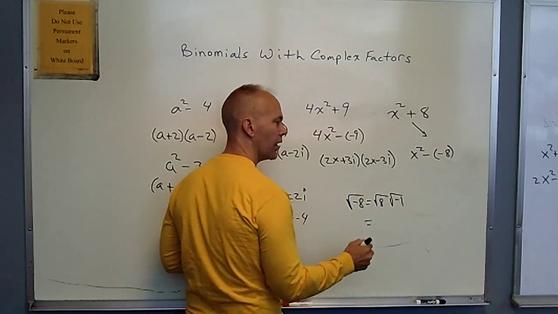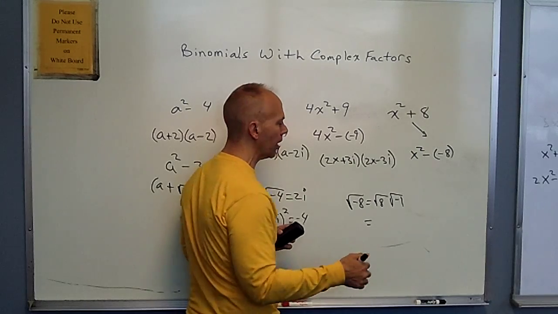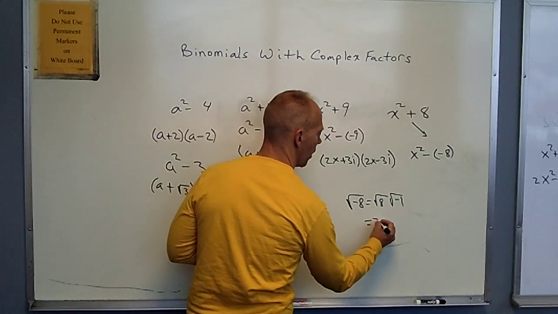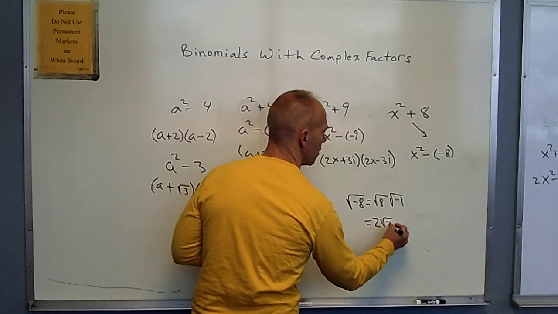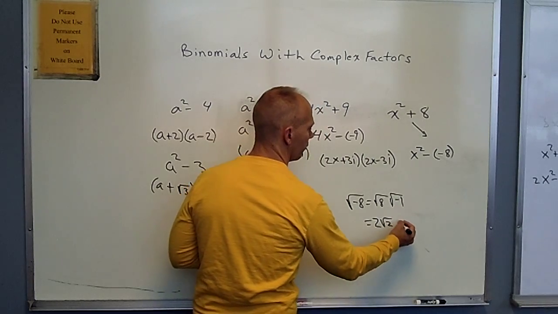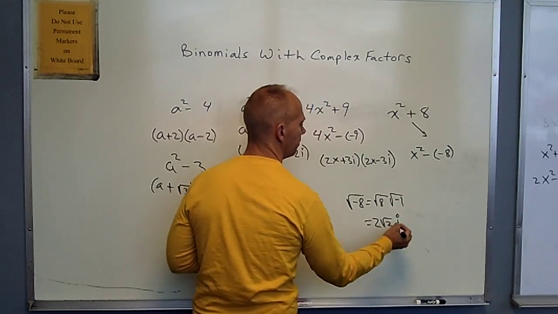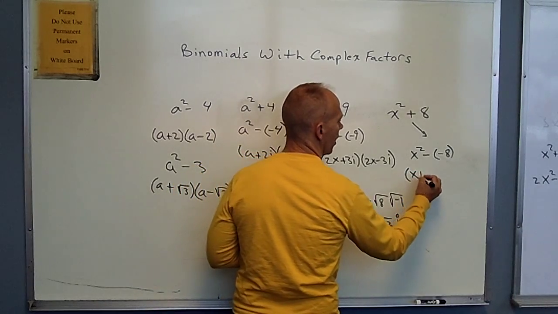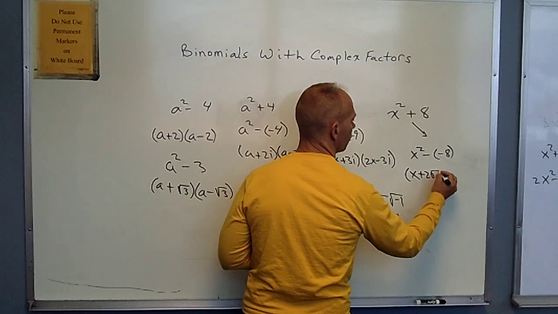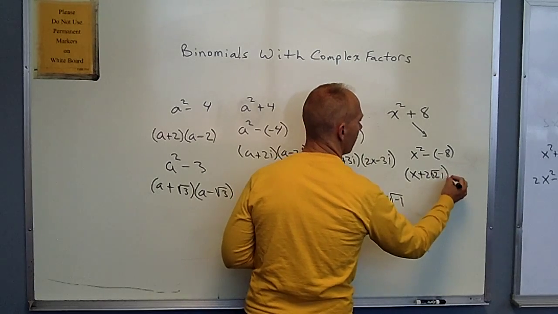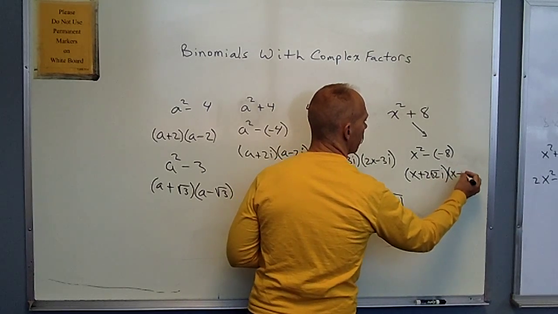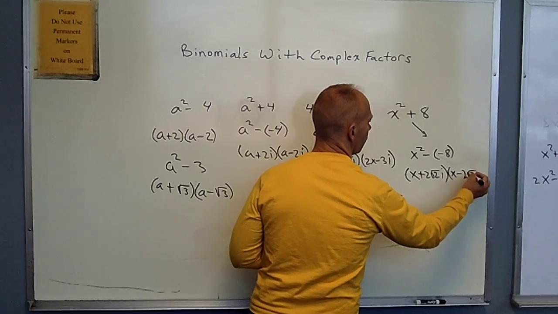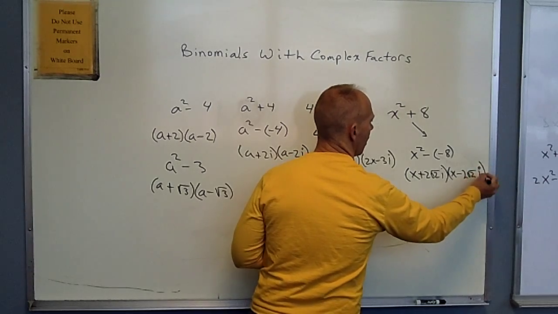Radical 8, well, I can't find the square root of 8, but I can simplify that radical to 2 radical 2. And of course, the square root of negative 1 is i. So this is going to factor into x plus 2 radical 2i and x minus 2 radical 2i.